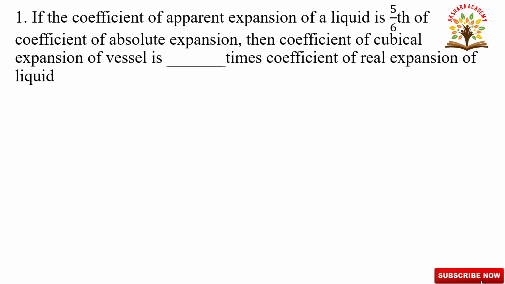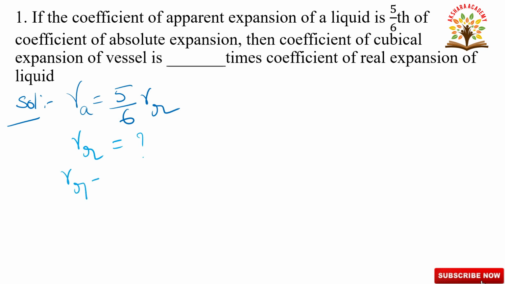Given gamma A is equals to 5/6 gamma R. You have to find out gamma R first.